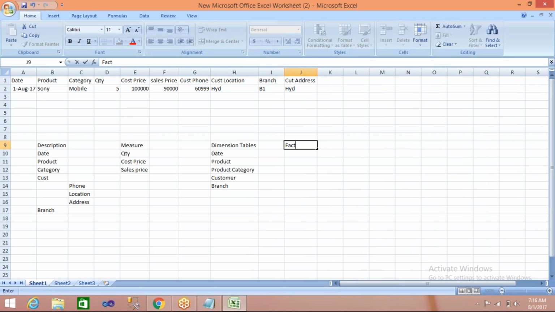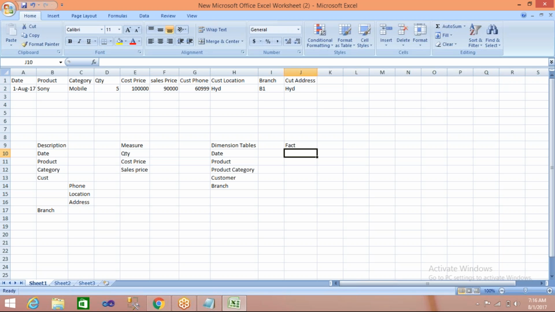fact table, we may maintain different fact tables as per the subject areas. Let us say if it is a sales subject area, so obviously the sales subject area will contain how much quantity we sold, how much the sales price is, and what is the cost price of those transactions. Let us say the purchase kind of information: whenever we are maintaining a sales kind of business, obviously we need to purchase the goods from somewhere. So again, it might be a fact.